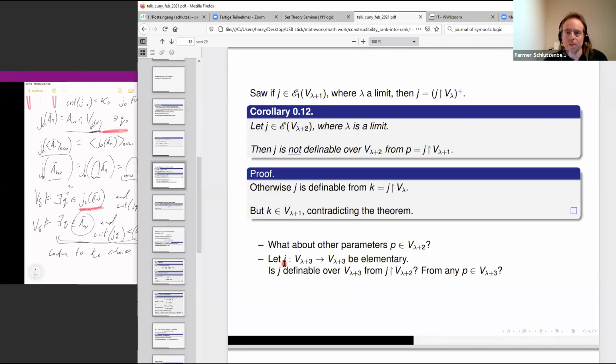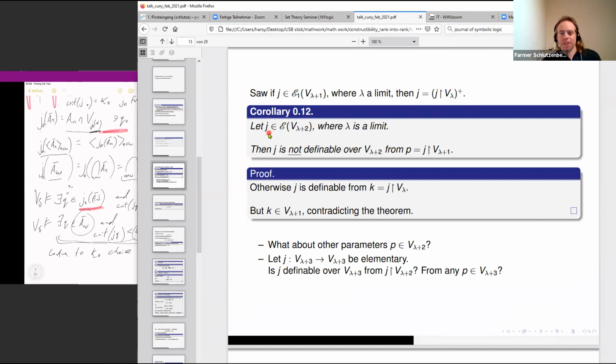So, as a corollary to this, there's a curious thing that happens. We saw that if J is sigma 1 elementary from V lambda plus 1 into itself and lambda is a limit, then J is the canonical extension of its own restriction. So there's a way to recover J from its restriction to V lambda.